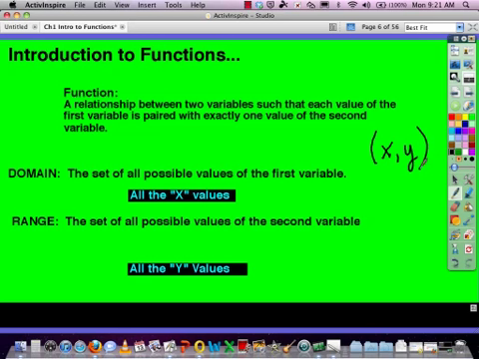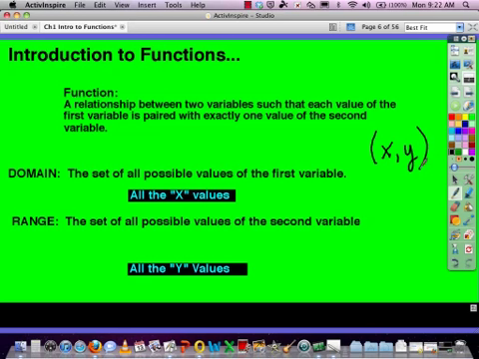So up on top, a relationship between two variables, like x, y, such that each value of the first, so each value of x, is paired with exactly one value of the second, or y in this case. So to shorten that up, each x is to be paired with exactly one y.